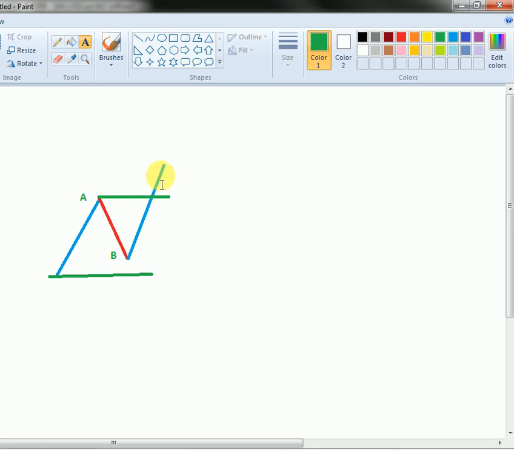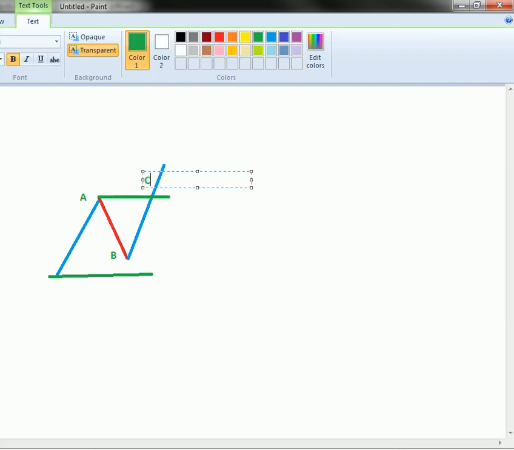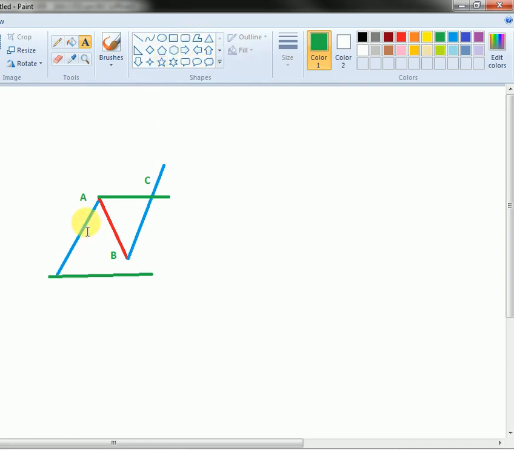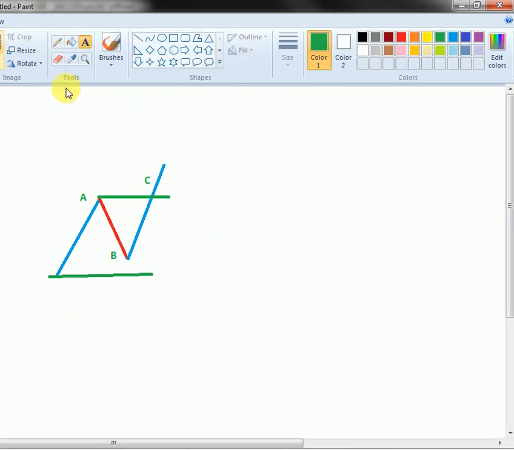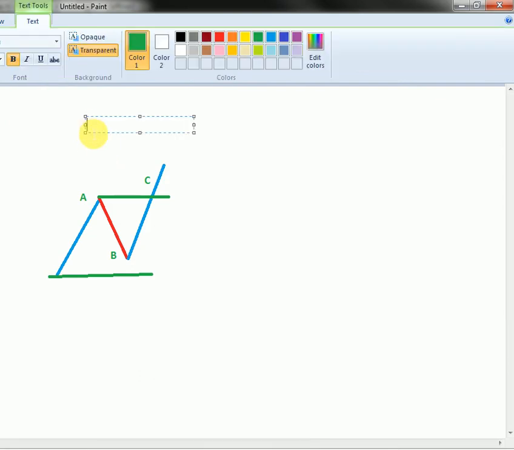This movement I call C. So this pattern, moving up, pullback, and moving up back, breaking the previous high, I call ABC normal.